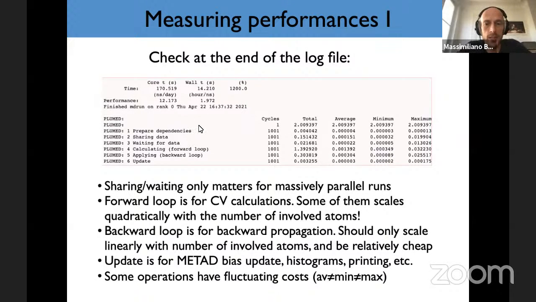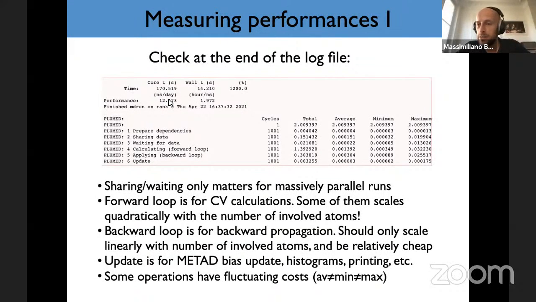Apart from this, the first part is specifically for GROMACS, and you will see already the performance of GROMACS in nanoseconds per day in combination with PLUMED. So this already gives you an idea of how fast your simulation is.